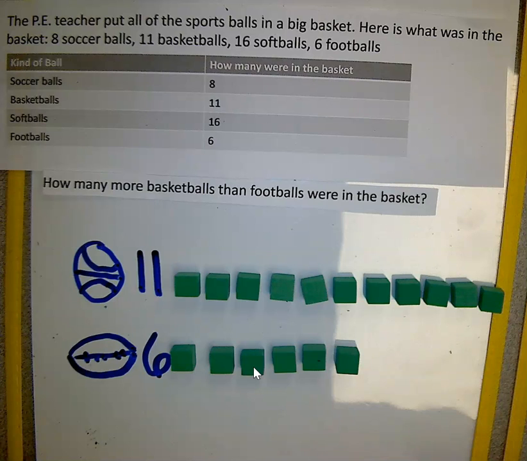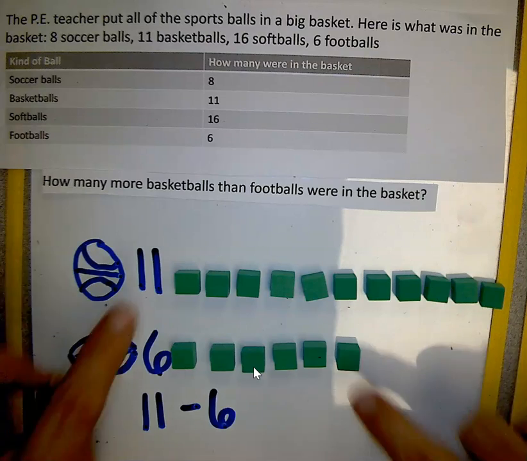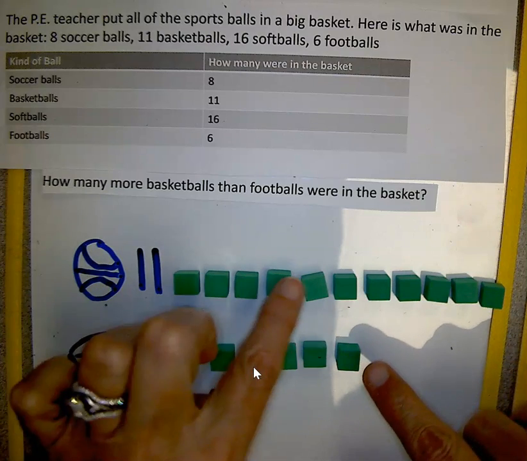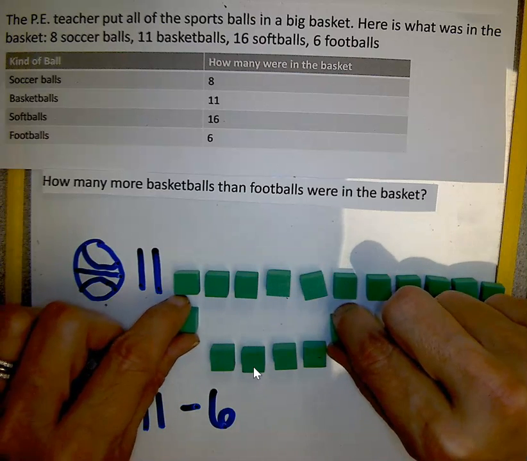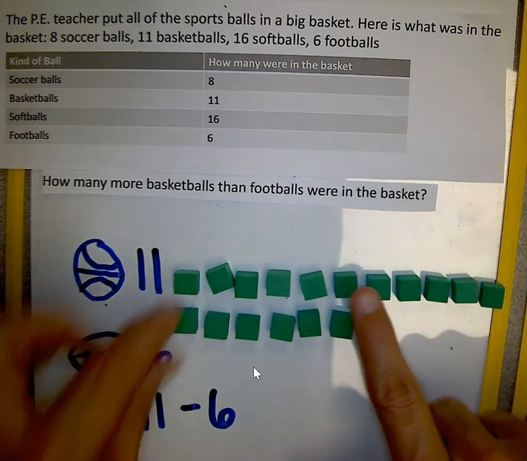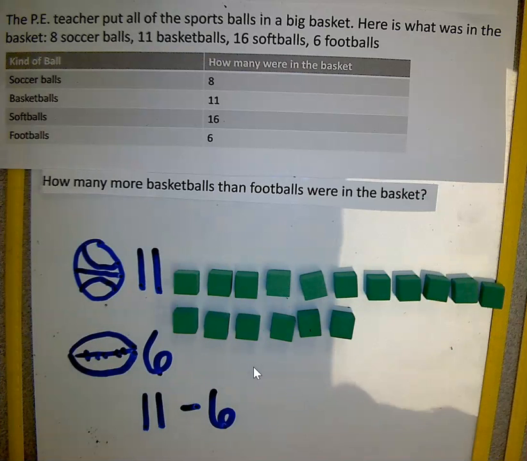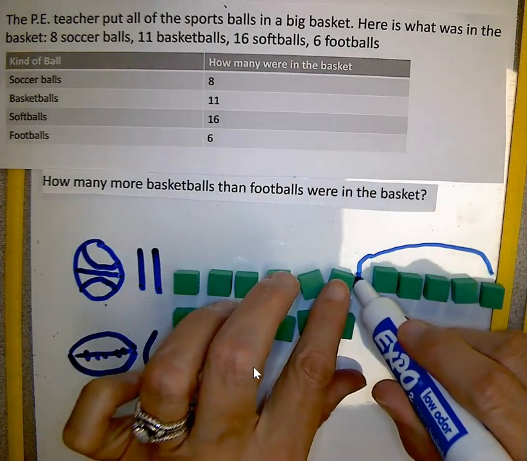Let's think. If we have 11 basketballs and we take away the 6 footballs, how many are left? I know if they both had 6, they would be the same. So how many more basketballs do I have than footballs? So if I compare these, how many more do I have? That's right. This right here, I'm going to circle it.